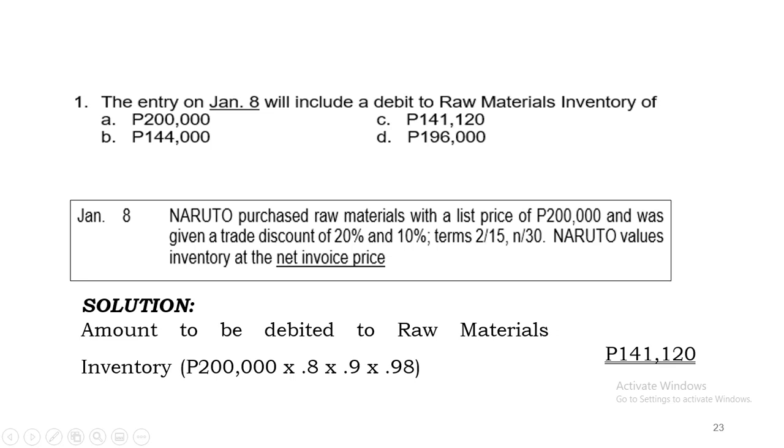Take note kasi sabi niya, net invoice price. That's why we multiply the net amount of 0.98. So if you multiply ito lahat, the result is 141,120. That's why the answer for question number 1 is letter C, 141,120.